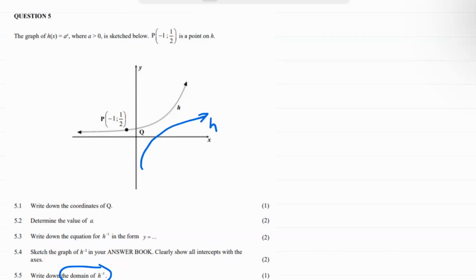Question 5.5 is asking us, what is the domain of this function? Now, as we look at this graph, you want to check at what x values does the graph pass through. What are all the x values that the graph passes through? Now, this graph looks like it goes through all the x values as we go from 0 to infinity, but it doesn't ever pass 0.